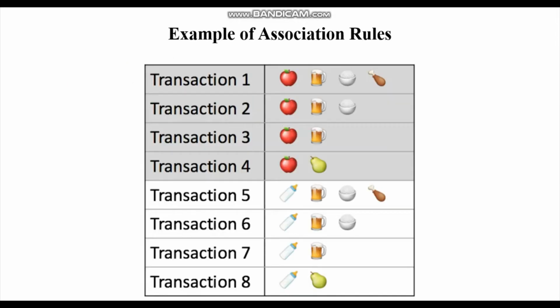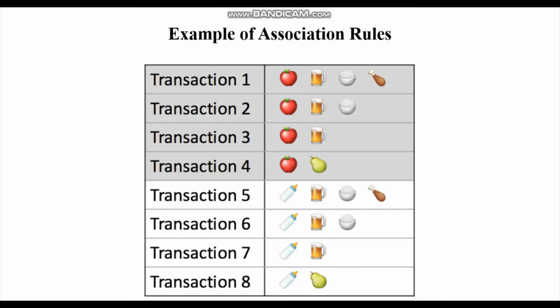If we look at a little more detail, you can see these transactions. You can consider the transactions happening at the point of sale in a retail store. In the first transaction, apple, beer, rice and chicken were purchased, and similarly transaction 2, transaction 3, transaction 4, with different items purchased.